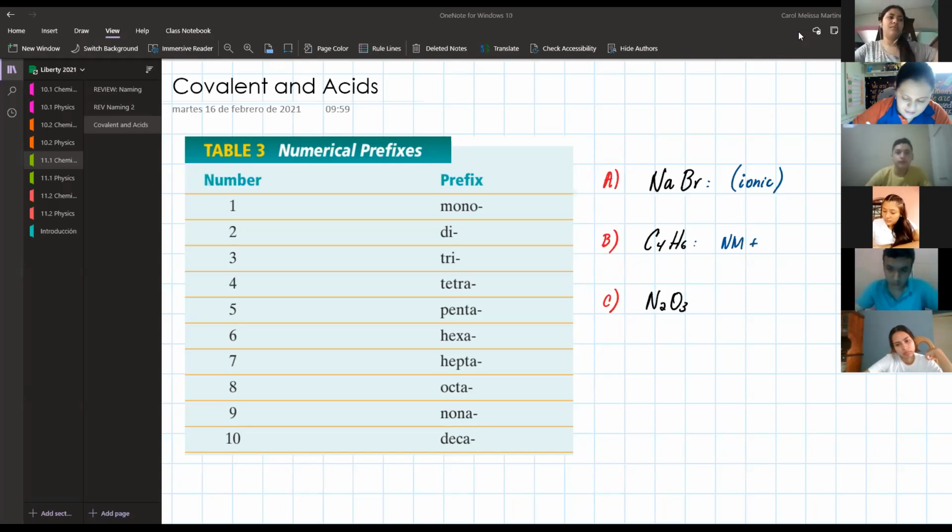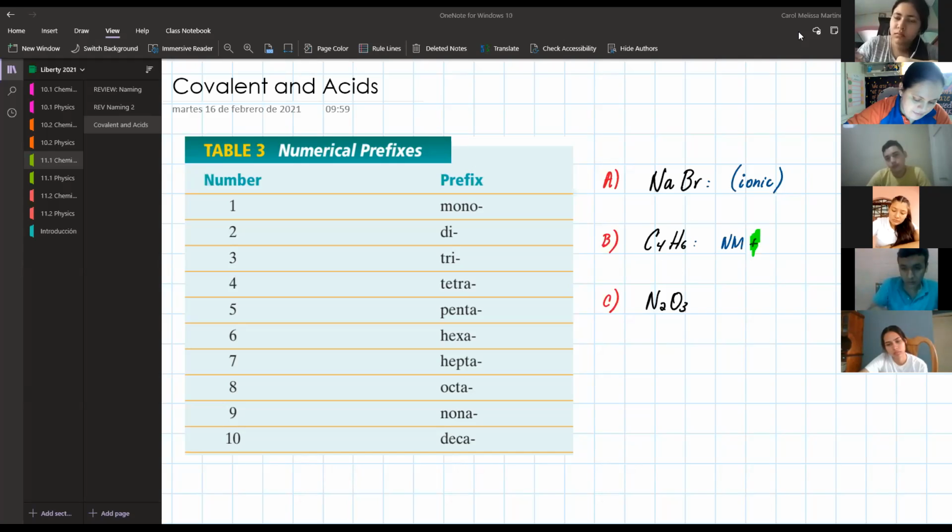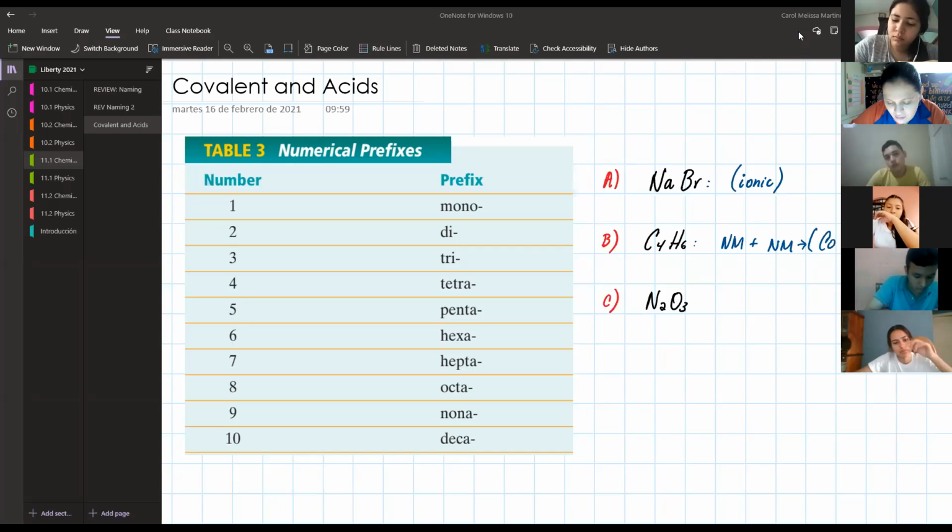And hydrogen, Gerardo, is it metal or non-metal? Not metal. So we have non-metal plus non-metal. What kind of compound is this? It is covalent. Remember, non-metal and non-metal is covalent. Here we have metal and non-metal, so it is ionic.